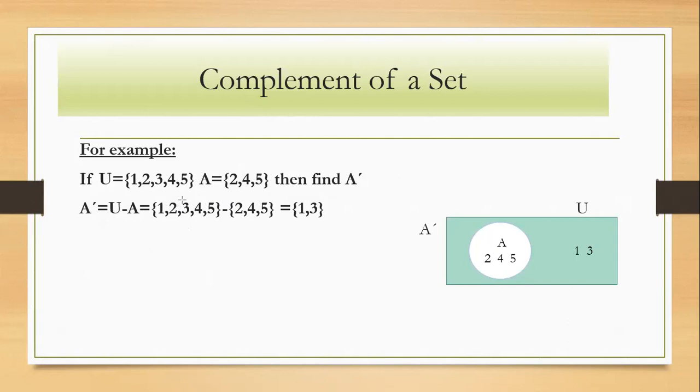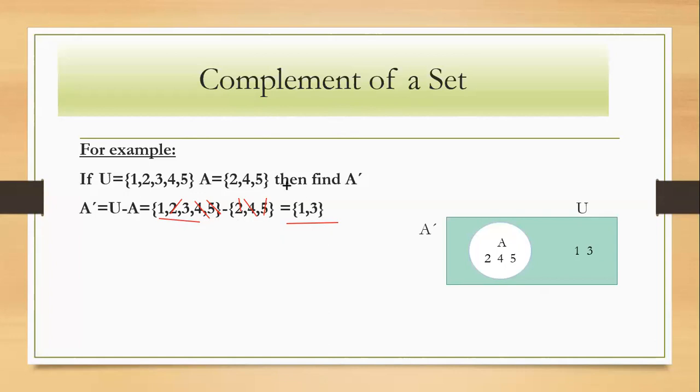Common elements are 2, 4, and 5. Now, how many elements are left? We get the answer 1 and 3. In this way, we can find the complement of a set, that is U minus A.